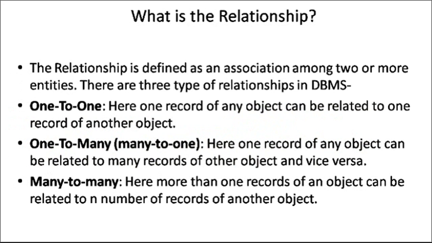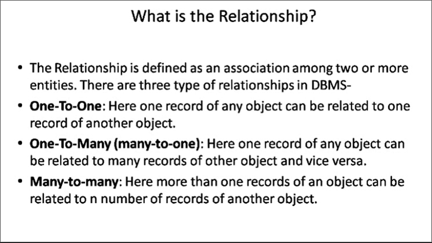So what is a relationship? A relationship is defined as an association among 2 or more entities. There are 3 types of relationship in DBMS. One-to-one: here, one record of any object can be related to one record of another object.